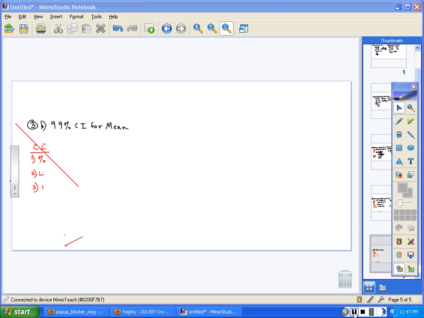So that is your N. N is 35. And then it says that they have a mean of 3650. And because they gave you N, which is called the sample size, that means they're talking about a sample. So you use sample symbols. So the symbol is X.